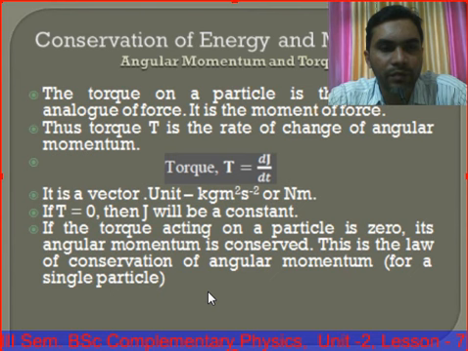In the case of linear momentum, in the absence of external force, the total linear momentum of a particle is a constant. Here, in the absence of external torque, the total angular momentum of a particle remains a constant.